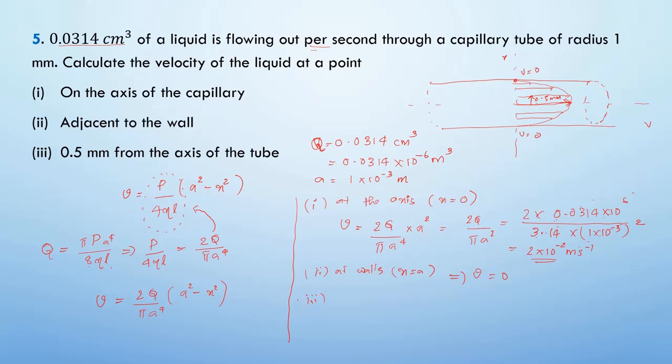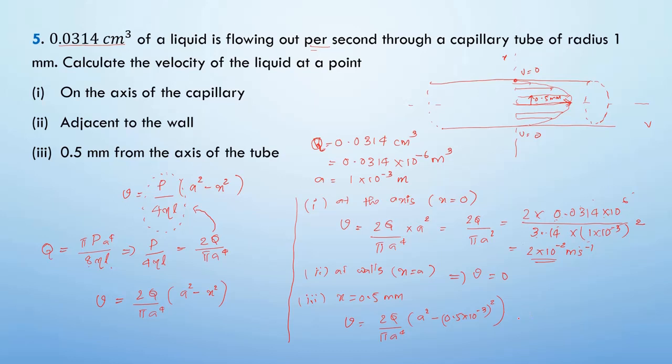Third case, at a distance x equal to 0.5 millimeter from the axis of the tube. So we can calculate velocity as 2Q divided by πa⁴ into (a² minus (0.5 × 10⁻³)²).